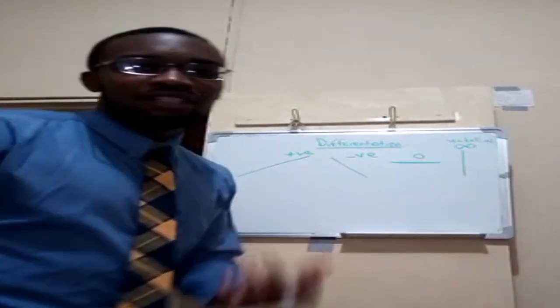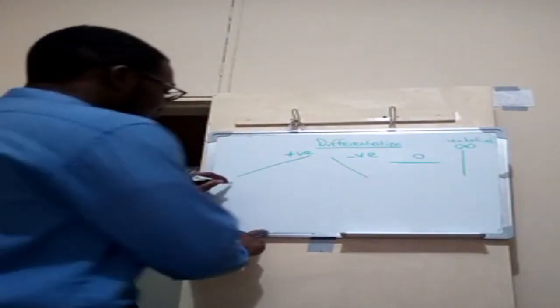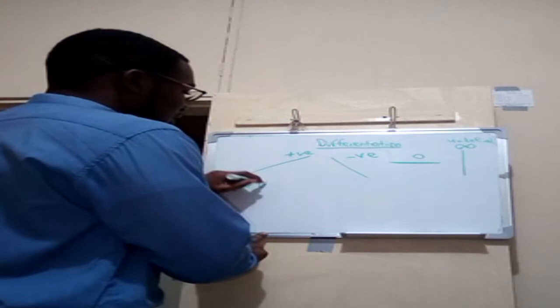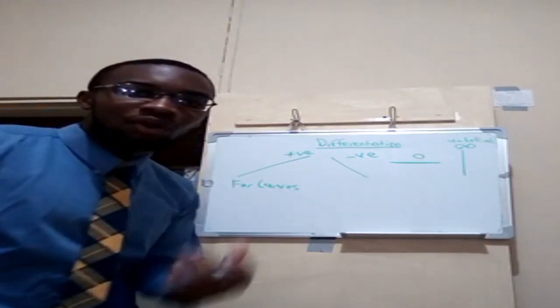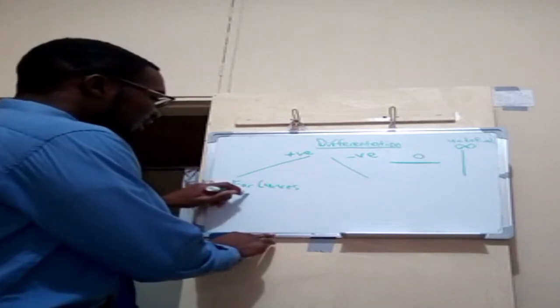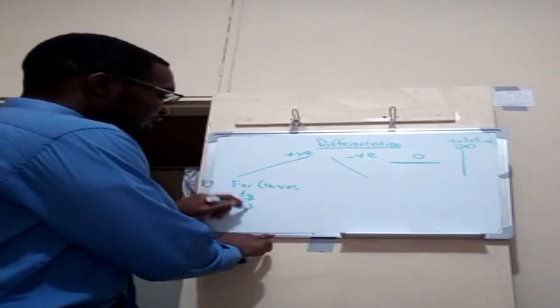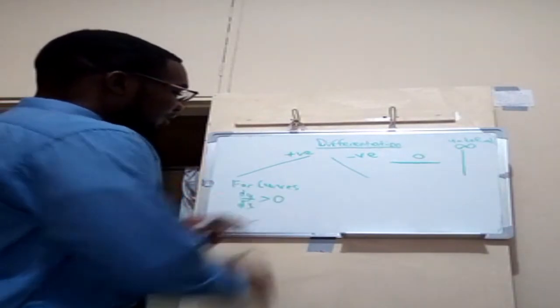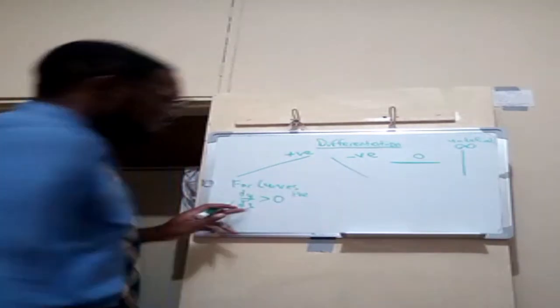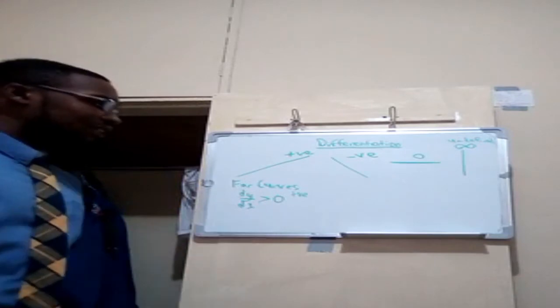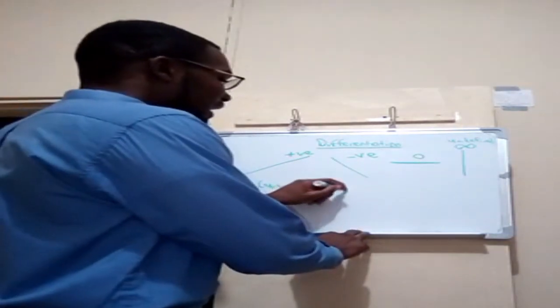Now, in terms of differentiation, for the gradient of a curve, the gradient at a particular point: when dy by dx is greater than 0, the gradient is positive at that point.